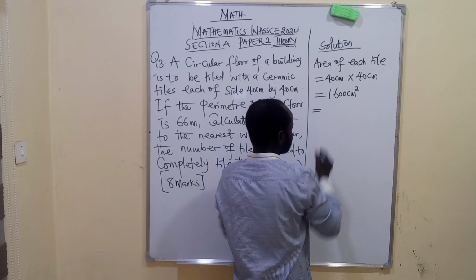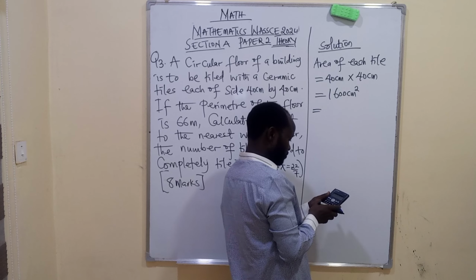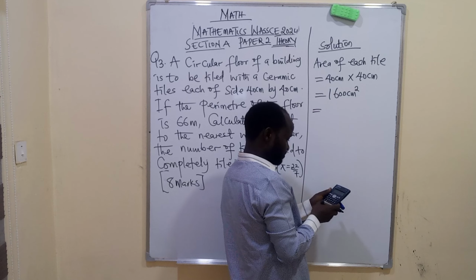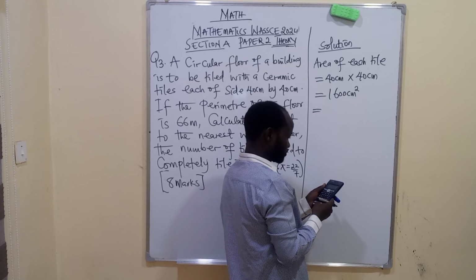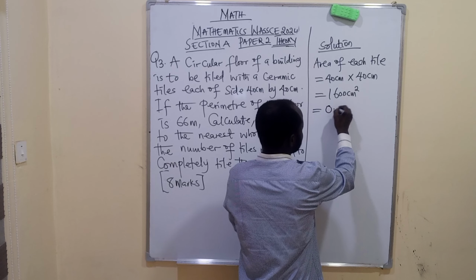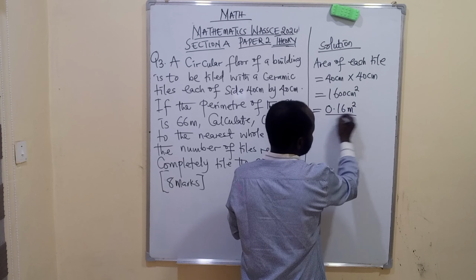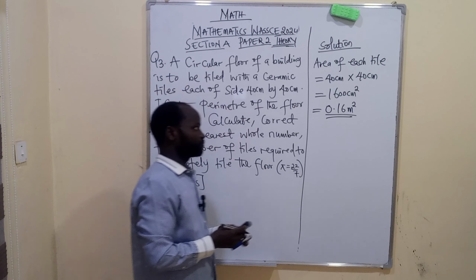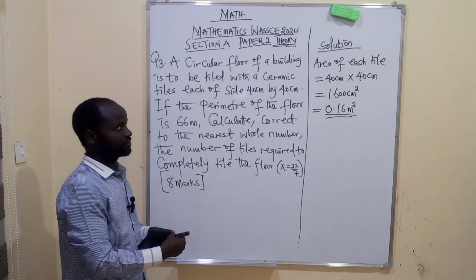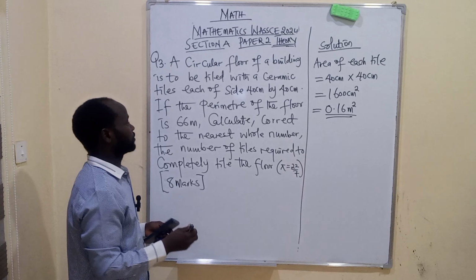So we divide 1600 by 10,000, and that will be 0.16 meter square. So this is the area of each tile now.